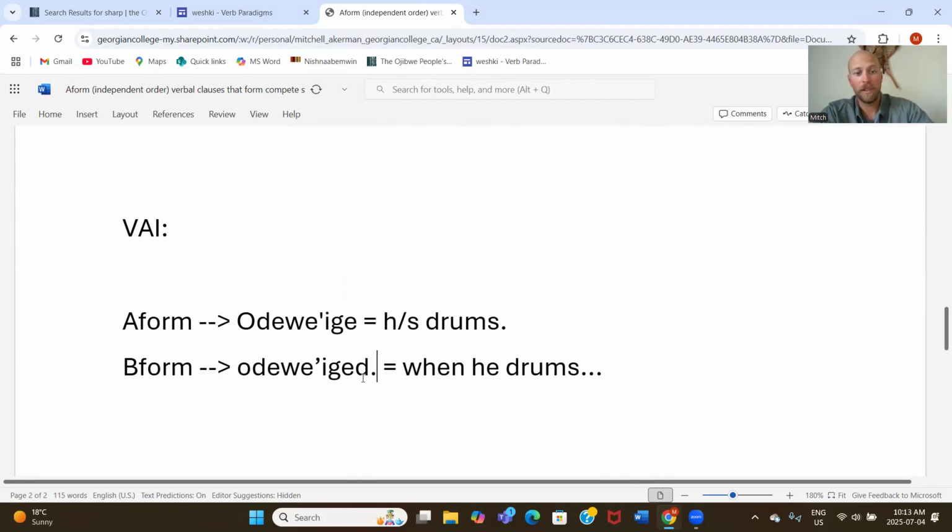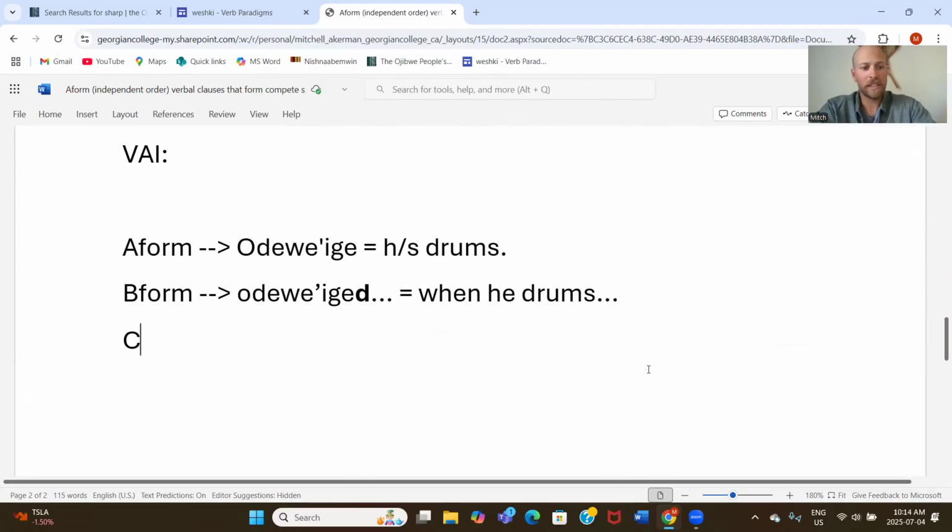This forms an incomplete sentence. It's a dependent clause. Okay. Gishpin nini dewegêt, if the man drums, then we'll all dance. Like, oh, okay, now the sentence is finished. So let's look at C form, okay, and take it all the way.